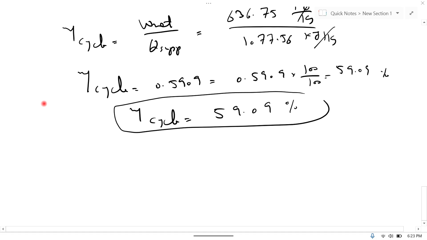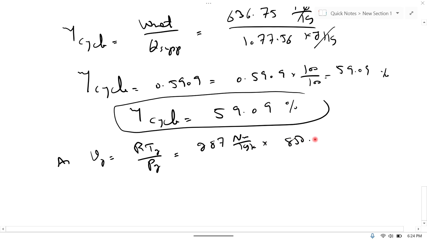Now to find mean effective pressure, first we find V1 and V2. So V2 is equal to RT2 divided by P2. The value of R here is 287 joule, which is Newton meter per kilogram per Kelvin. T2 is equal to 850.8 Kelvin, and pressure is 45 bar, meaning 45 multiplied by 10 power 5 Newton per square meter.